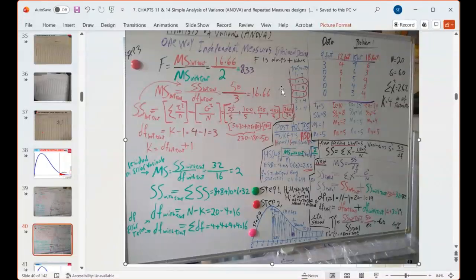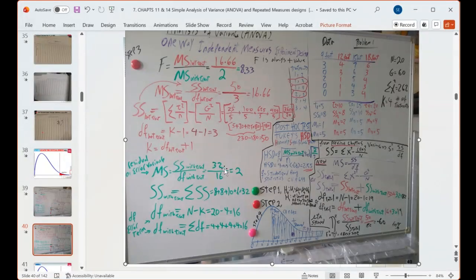The bottom one, MS within, go to green now. MS within is SS within divided by DF within. SS within is the sum of SS. Look at your data on the top right and add up all the SS. SS1 is 8, then 8, then 10, and then 6. 8 plus 8 plus 10 plus 6 is 32.